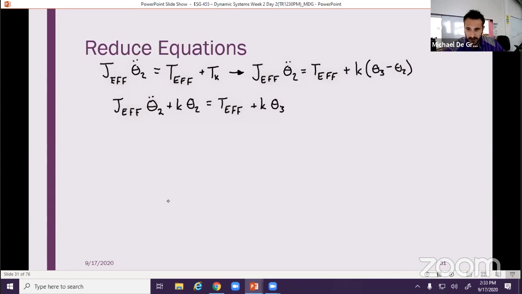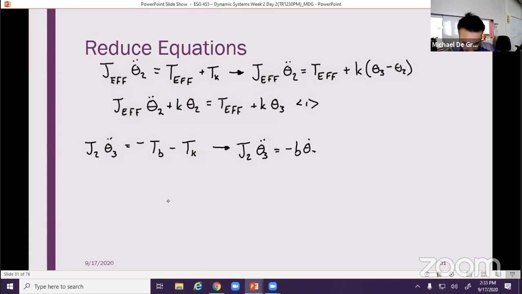But before we do that, we'll just call this equation 1. And we'll look at J2. So J2 theta double dot 3 is equal to negative TB minus TK. We'll plug in our other truths again.